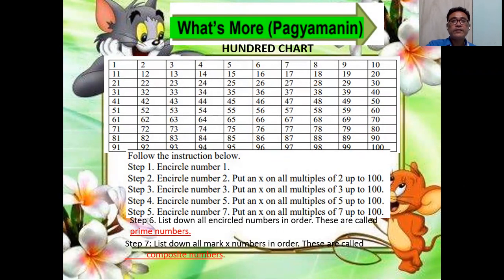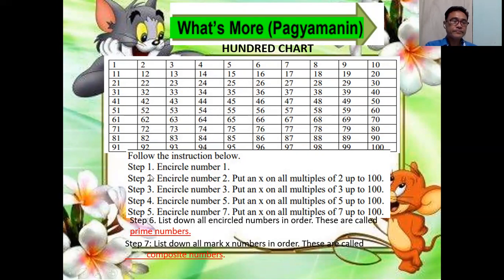Let's proceed to the activity under What's More. We have here a 100 chart, 1 to 100. So follow the instructions below. You are going to answer this following these steps.